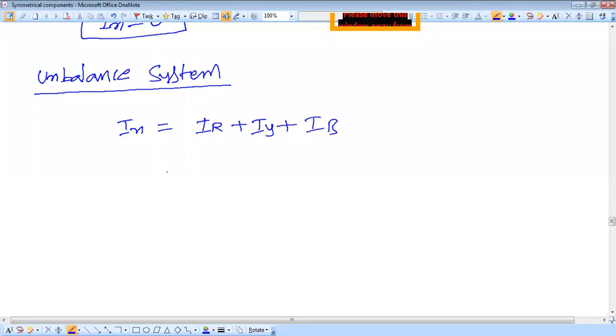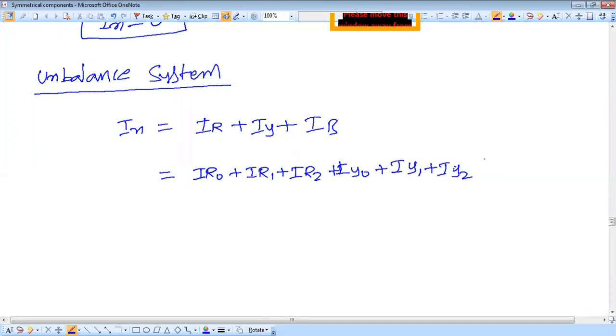Now here it is an unbalanced system. Any unbalanced quantity can be represented by three sequence components, right? IR can be represented in terms of three sequence components, that is IR0 plus IR1 plus IR2. Similarly, IY can be represented by three components, that is IY0 plus IY1 plus IY2.